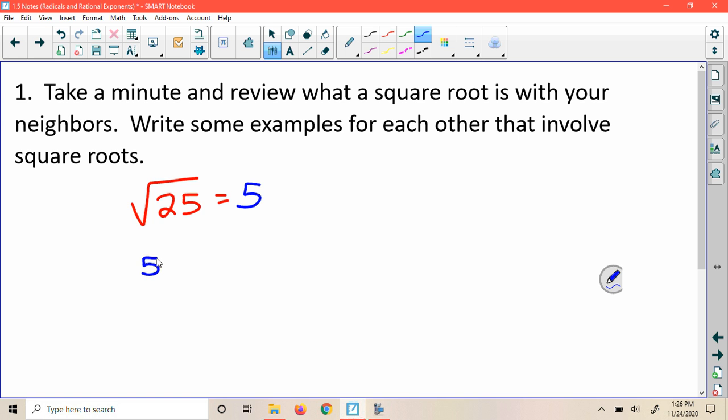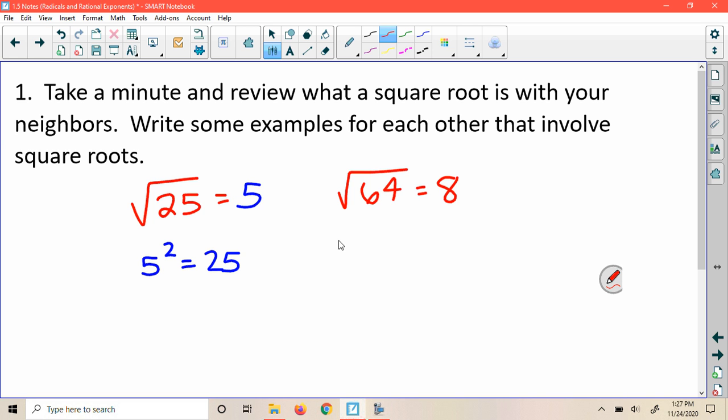Squaring something and taking the square root of something are total opposites, or inverses, of each other. In class, most people came up with a lot of the classic examples, square root of 64 equals 8, things like that.